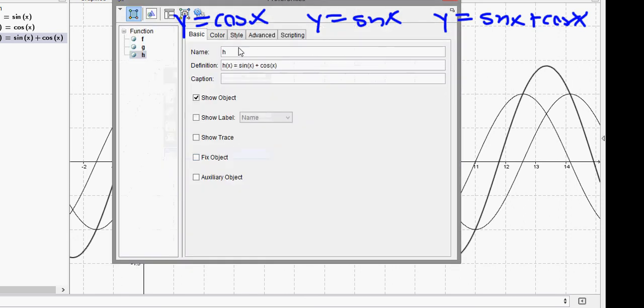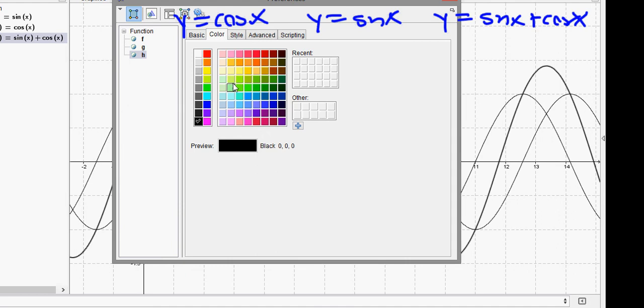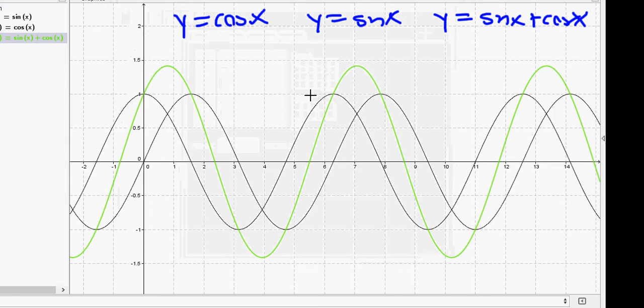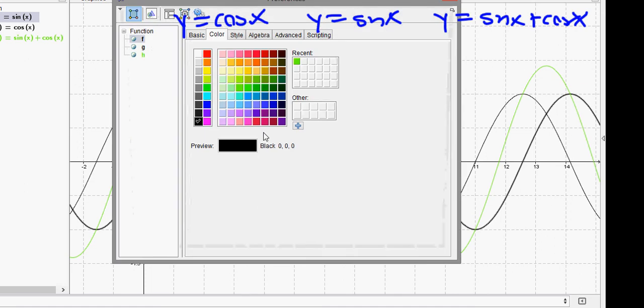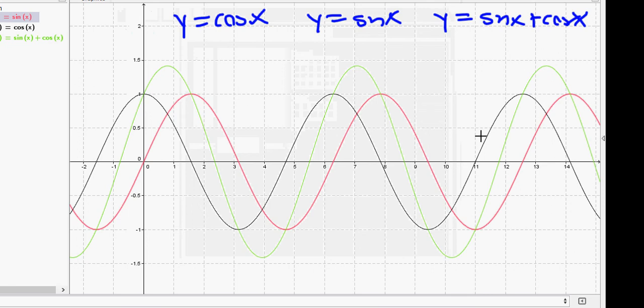Object properties. Just give me a second. There we go. So, green. The green one is sin x plus cos x. The red one is sin x, and the black one is cos x.